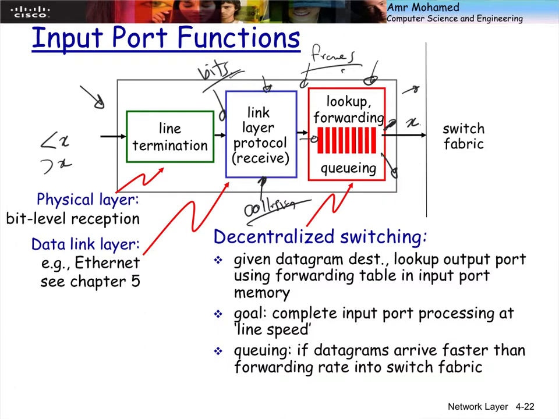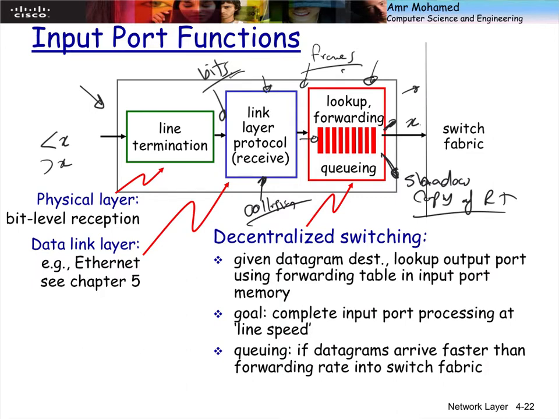So to speed up this process as much as possible, what they do is keep a shadow copy of the routing table at every single port. This is done specifically to speed up the processing of the packets.